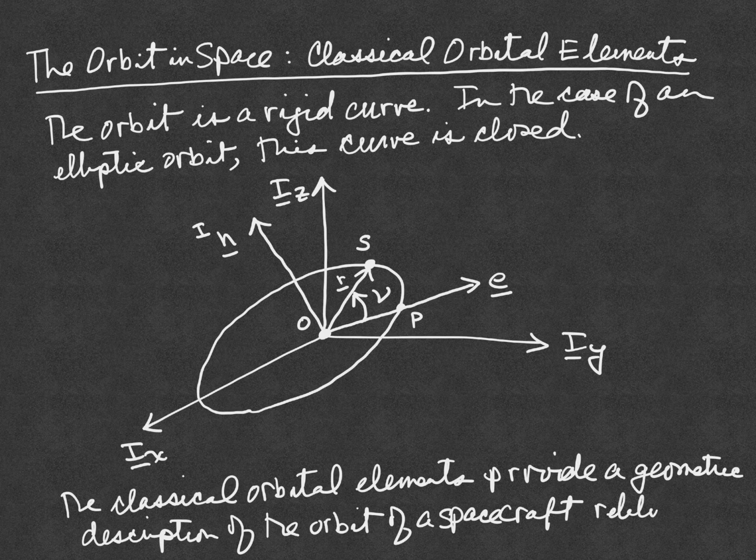So relative to I. What I mean by that is the orientation relative to this basis ix, iy, iz. So now what we're going to do is we're going to actually start defining these 6 orbital elements. So here are the classical orbital elements.